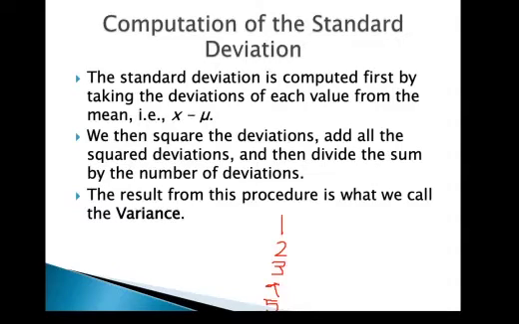First, class, we get the deviation of each of these values, 1, 2, 3, 4, 5, from the mean.